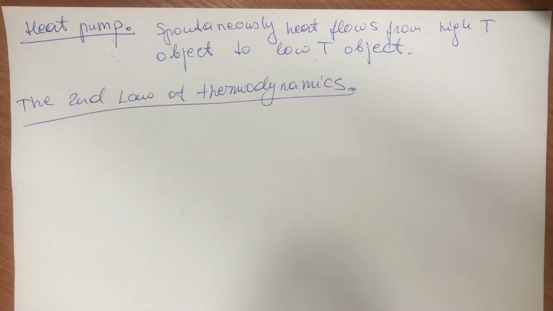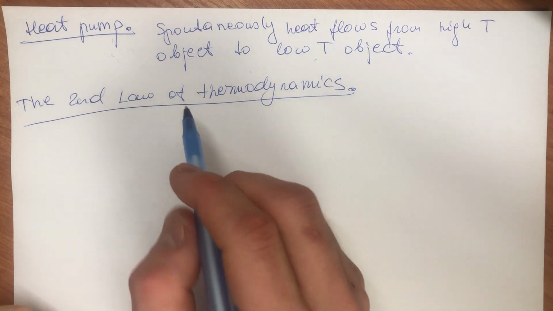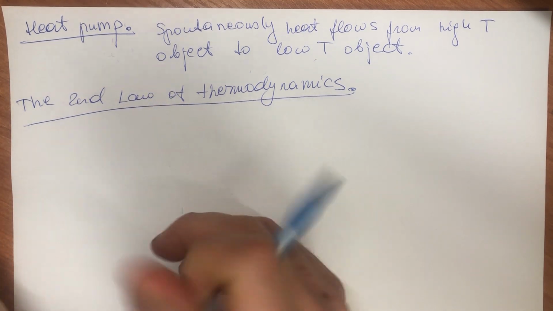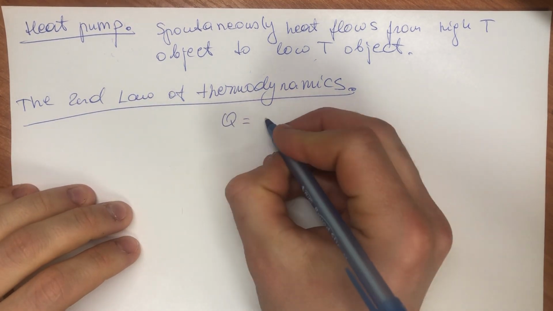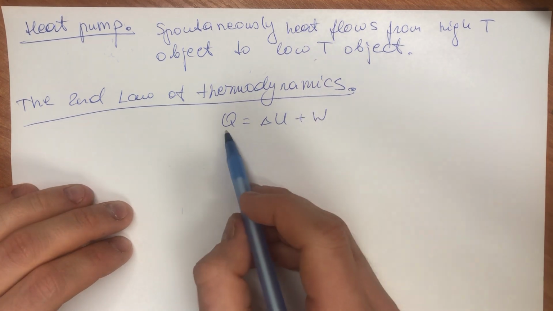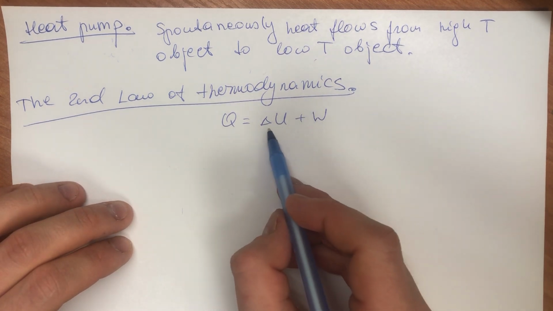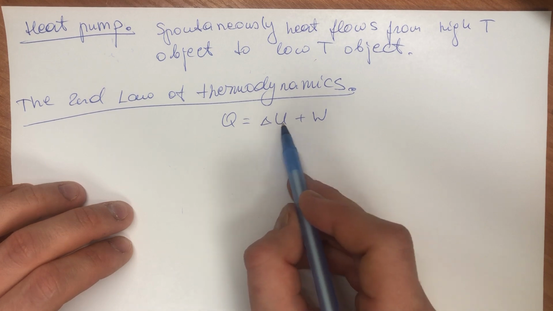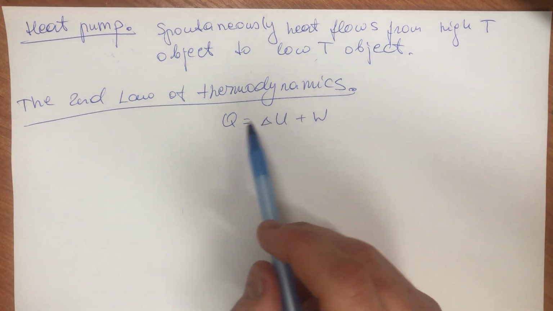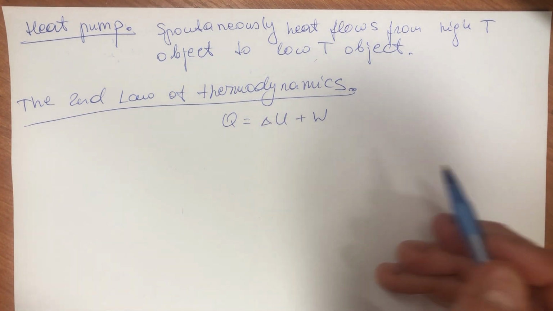As you see, the first law of thermodynamics is only thinking about energy conservation. It says that heat can be used to increase the internal energy and to do work. This is one formulation.